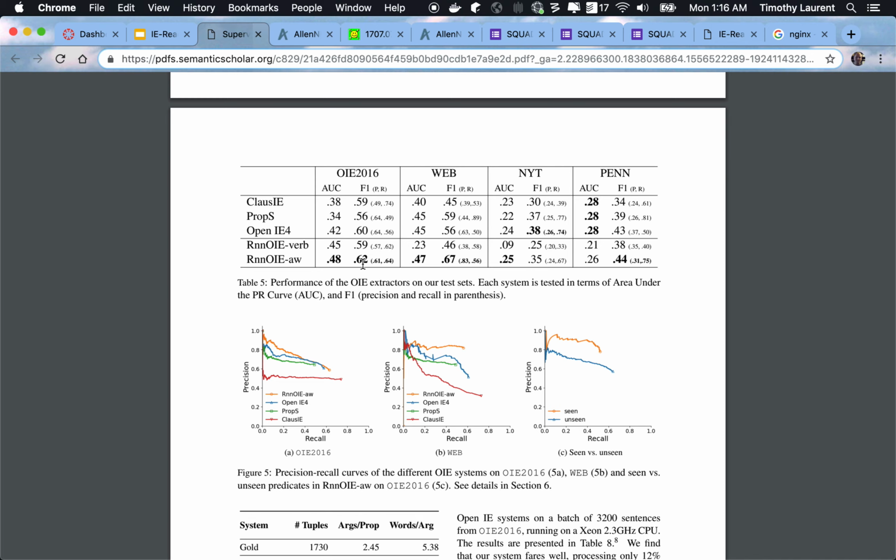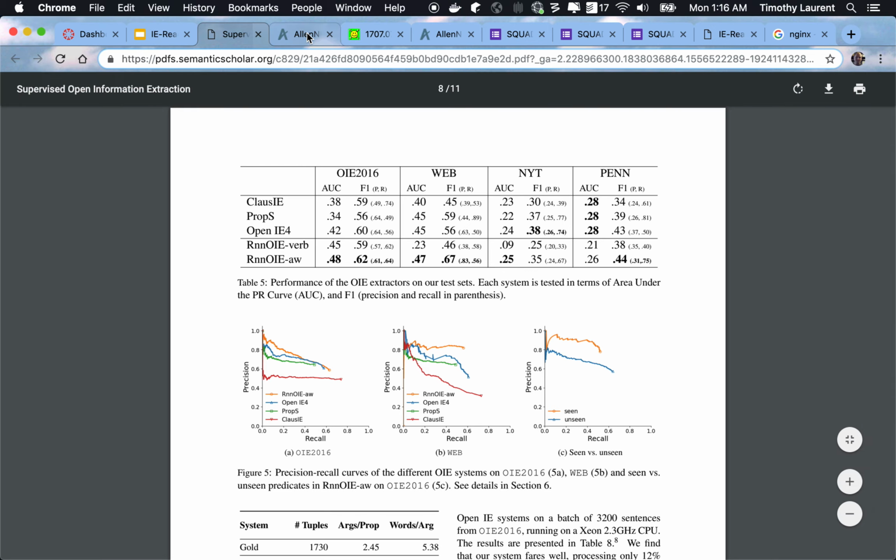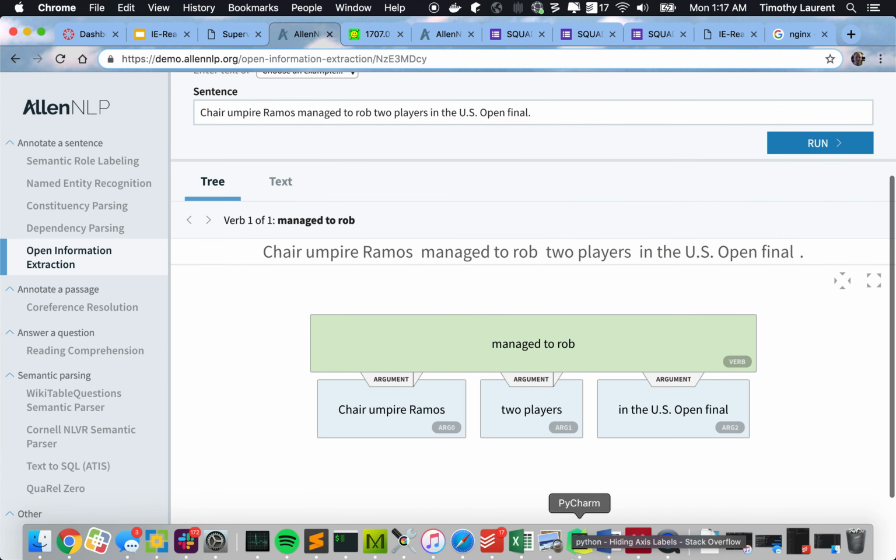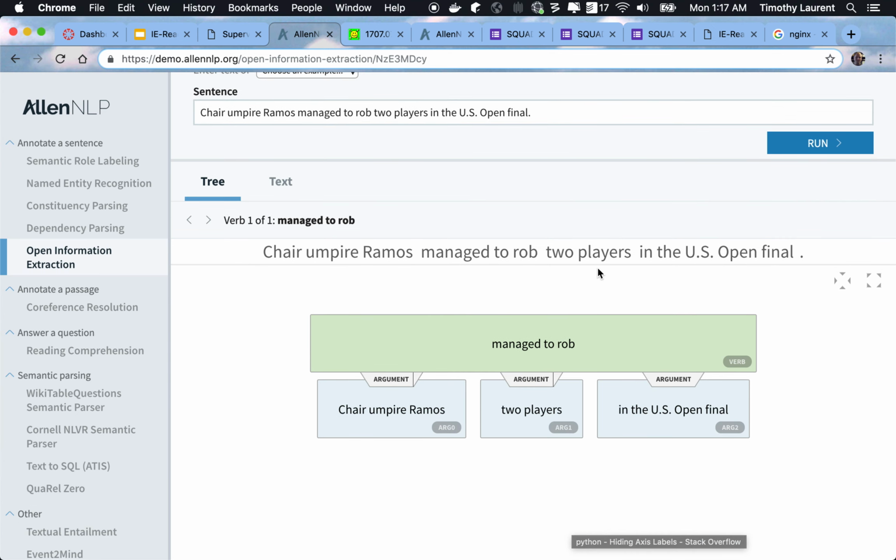It exceeded it in three. It had partial wins in these two data sets, but it achieved state of the art in quite a few of these NLP tasks. And here is a quick visualization on AllenNLP's website of them using it to show the verb and arguments in this one sentence.